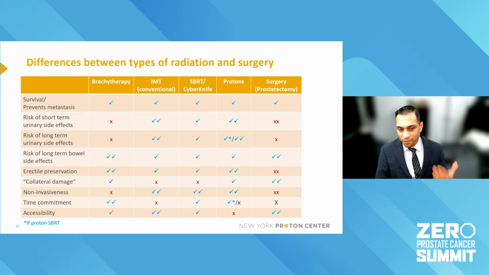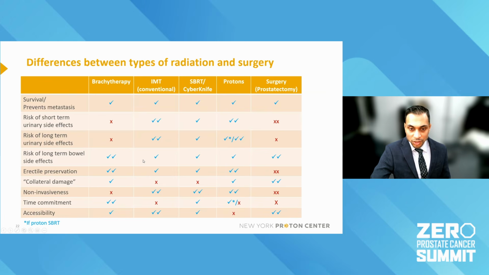Otherwise, with unfavorable, or even middle of the road, high risk disease, I don't think it's quite worth it personally to incur that late toxicity risk. But if you have quite aggressive disease, then it is something that you should strongly consider.